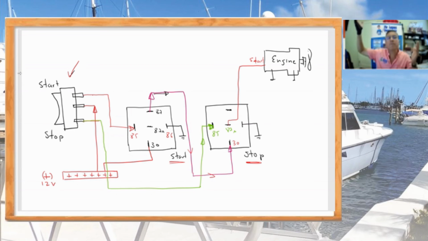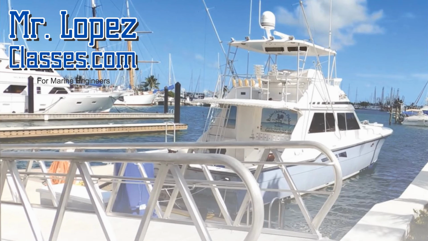And the connection between 30 and 87A, the middle one, is used to kill, to stop motors, to stop elevators, to stop hydraulic systems, to stop fluid entering pumps. Yeah?